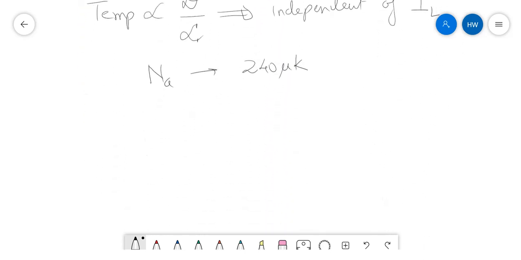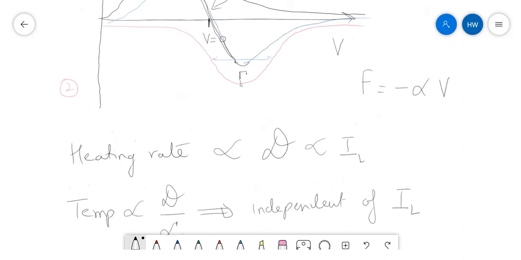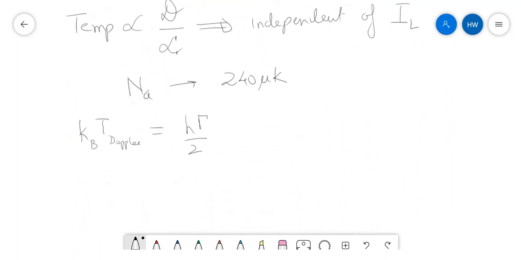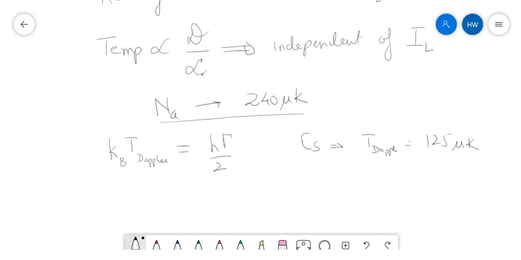So this k_B times T_Doppler, that is the temperature associated with Doppler cooling, is essentially governed by this ħγ/2, which basically governs the width of the forces which confine the atom, and this temperature is what leads to 240 microkelvin for sodium, and similarly for cesium this T_Doppler is of the order of 125 microkelvin. So these are the kind of temperatures that one usually gets.